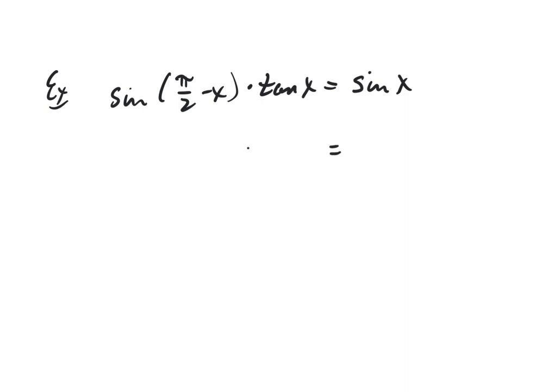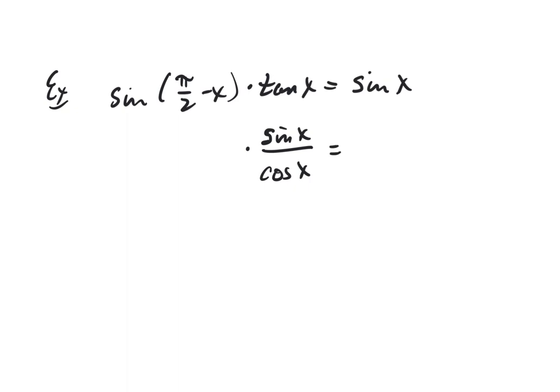So what we're going to do to start with on this one is we're going to replace tangent with its quotient identity. And the quotient identity for tangent is sine divided by cosine. So again, look at the quotient identities. Tangent is equal to sine divided by cosine.